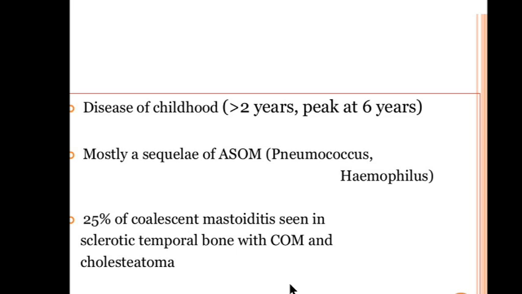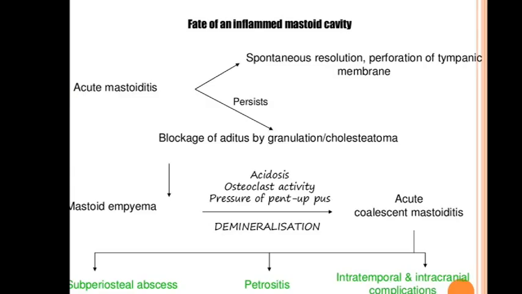Some people tend to have more of sclerotic, that is, congenitally the mastoid has more of bone and less of air. So it's common sense, if it has less of air, there is less ventilatory surface, less gaseous exchange, more stasis of secretion. So these people are more prone to develop CSOM or coalescent mastoiditis as a sequela.